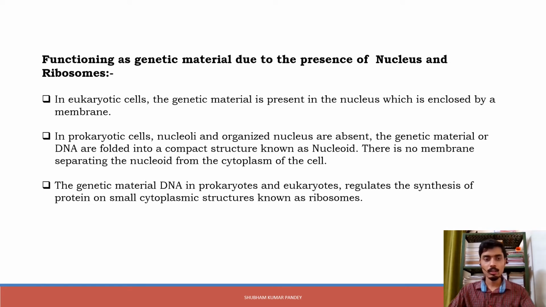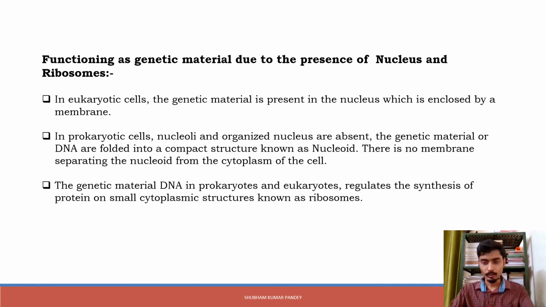The genetic material or DNA is folded into a compact structure known as the nucleoid. We discussed during the structure of the prokaryotic cell that the nucleoid is present in the center, stained by the Feulgen reagent, and there is no membrane separating it from the cytoplasm of the cell.